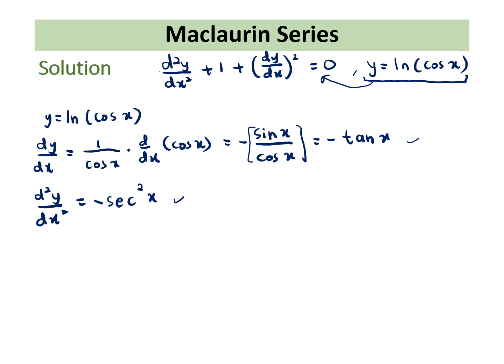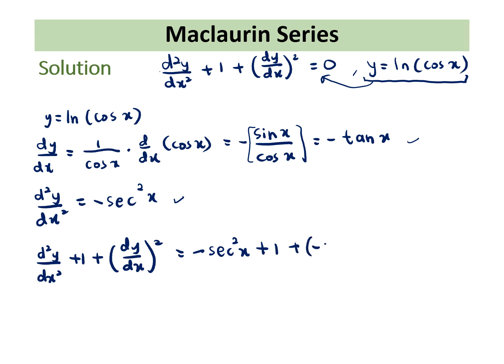Now we have solved the first and the second derivative. Next is to substitute into the equation. The equation is the second derivative plus 1 plus dy over dx squared. So our second derivative is negative secant squared x, plus 1 plus negative tangent x squared.